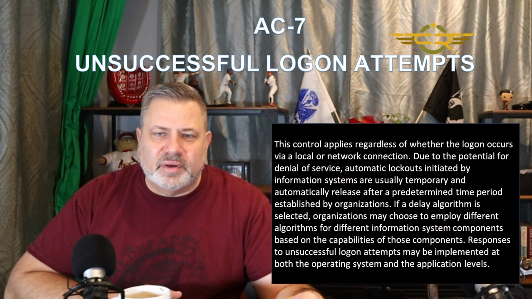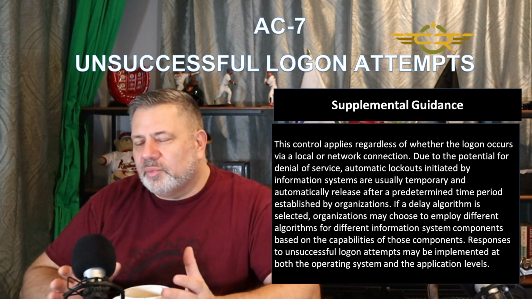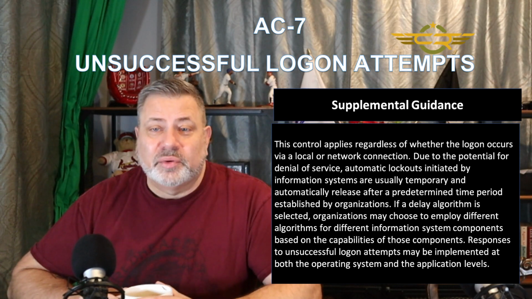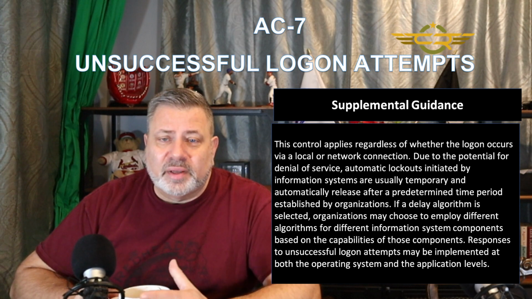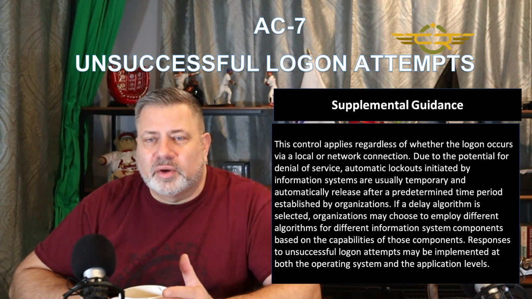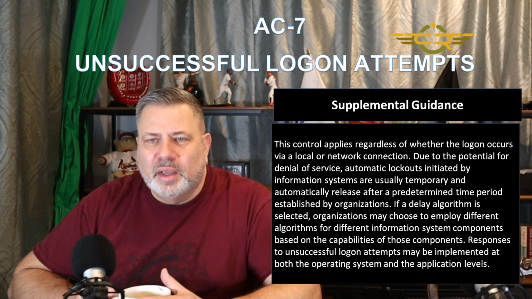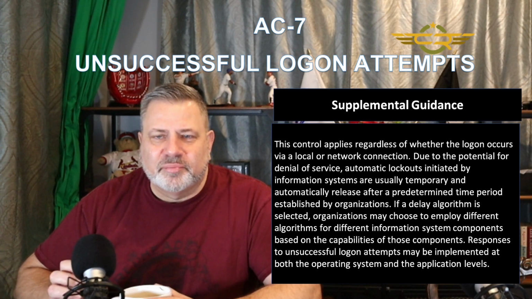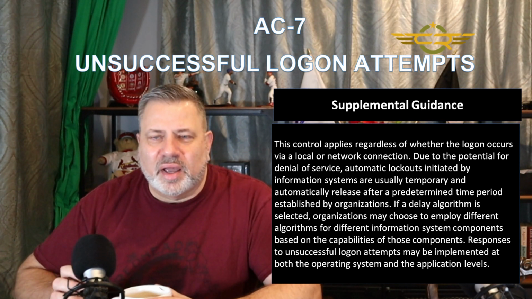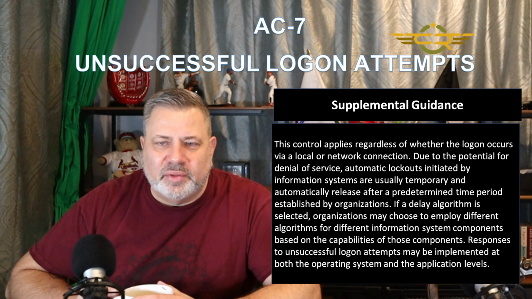We do have supplemental guidance. Normally you don't go over supplemental guidance, but this is a very short control. So the supplemental guidance for this one is, the control applies regardless of whether the logon occurs via local or network connection. Due to the potential for denial of service, automatic lockouts initiated by the information system are usually temporary and automatically release after a predetermined time period established by the organization.